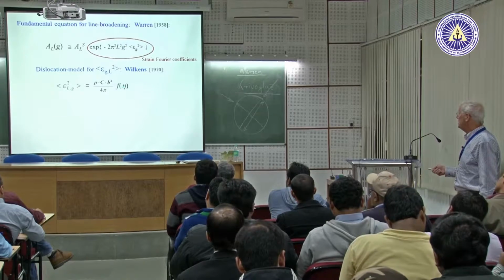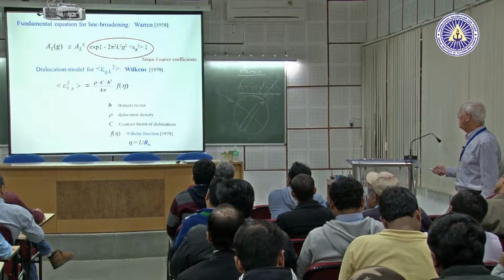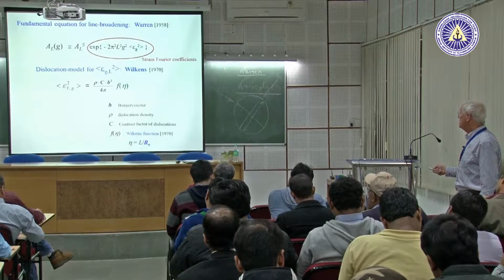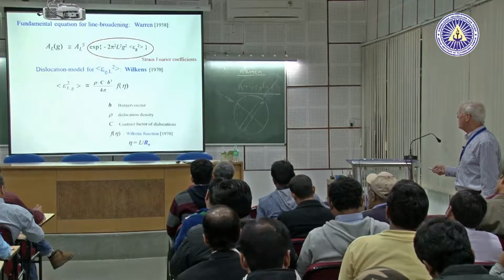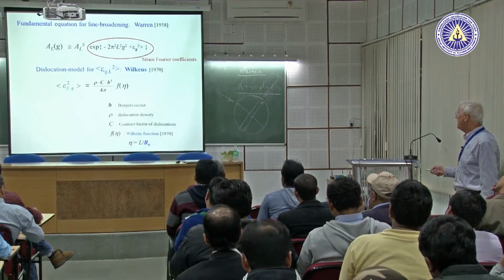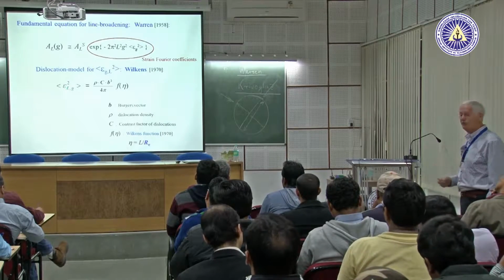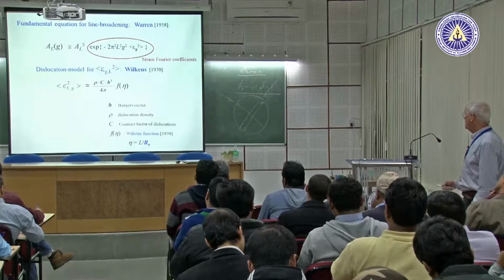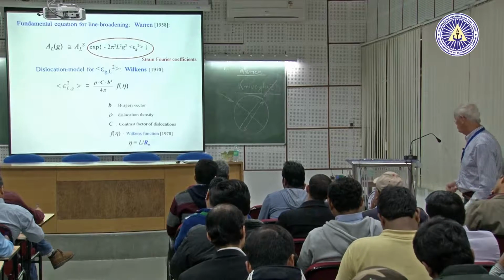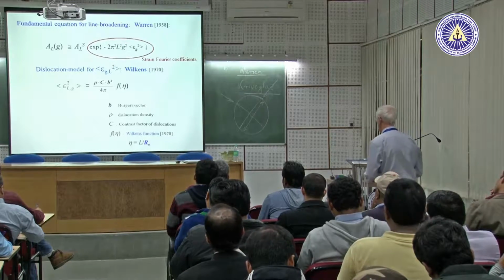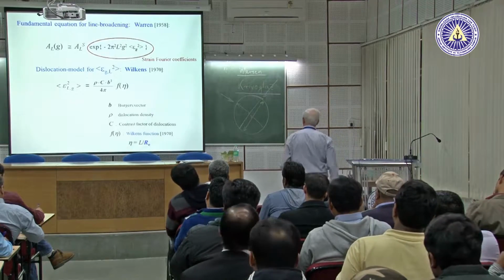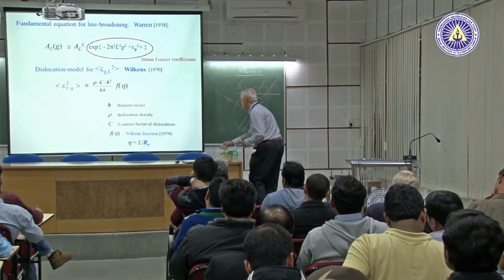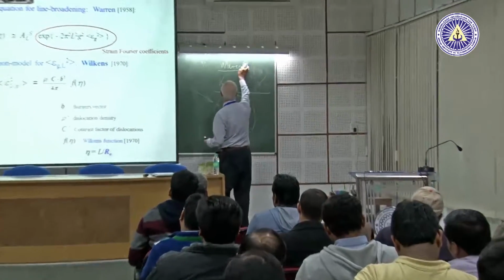This quantity, f eta, this is a function which describes the L dependence of the mean square strain, where, I don't know if you can see that, I write it down here. Unfortunately, the bottom is a little bit hidden.